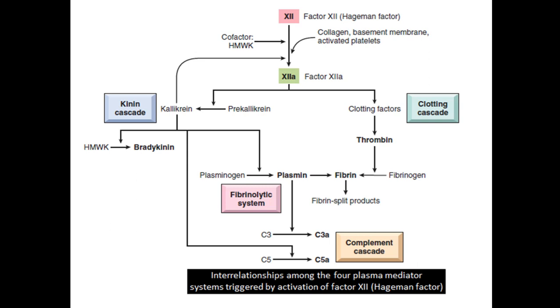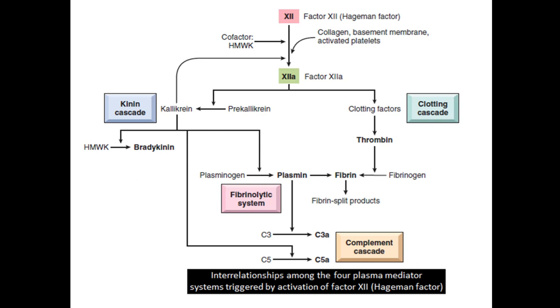So what happens is that the kallikrein, which is activated and which converts high molecular weight kininogen into bradykinin, also causes activation of the complement component C5 into C5a, and additionally the kallikrein will cause the conversion of plasminogen into plasmin, and the plasmin will cause degradation of the fibrin into fibrin split products that also play a role in inflammation.